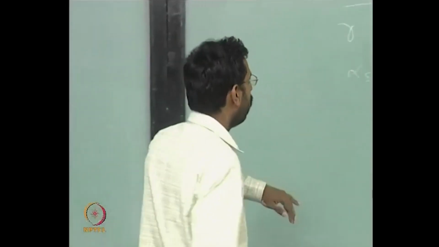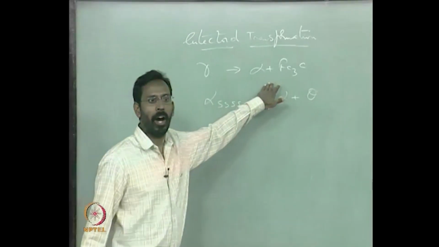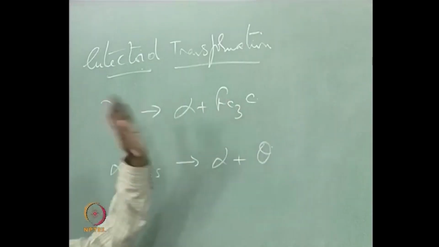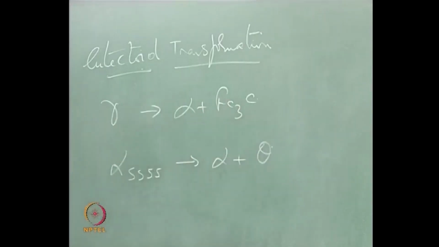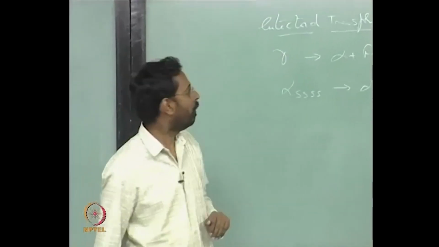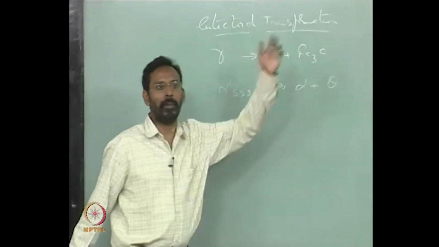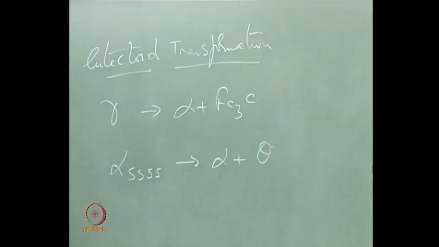In this particular case it could be a pro-eutectoid alpha or a pro-eutectoid cementite, depending on whether we are talking of hypoeutectoid or hypereutectoid. So, as a result you may have the pro-eutectoid phase, but not really the parent phase.